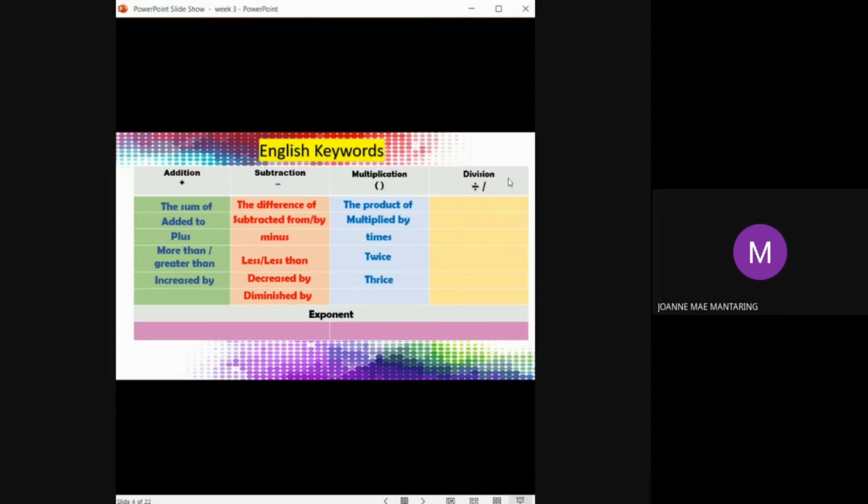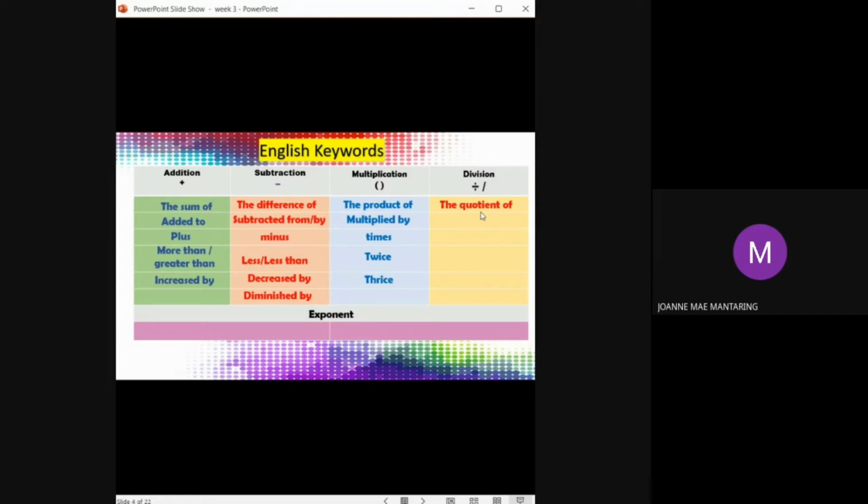Now let's talk about division. So sa division, ang ginagamit po natin na symbol is this one, and then ito rin, slash ginagamit din. Or kaya yung over, yung sa fraction form. So, ginagamit din po natin siya as a symbol of division. So, what are the words associated with division?